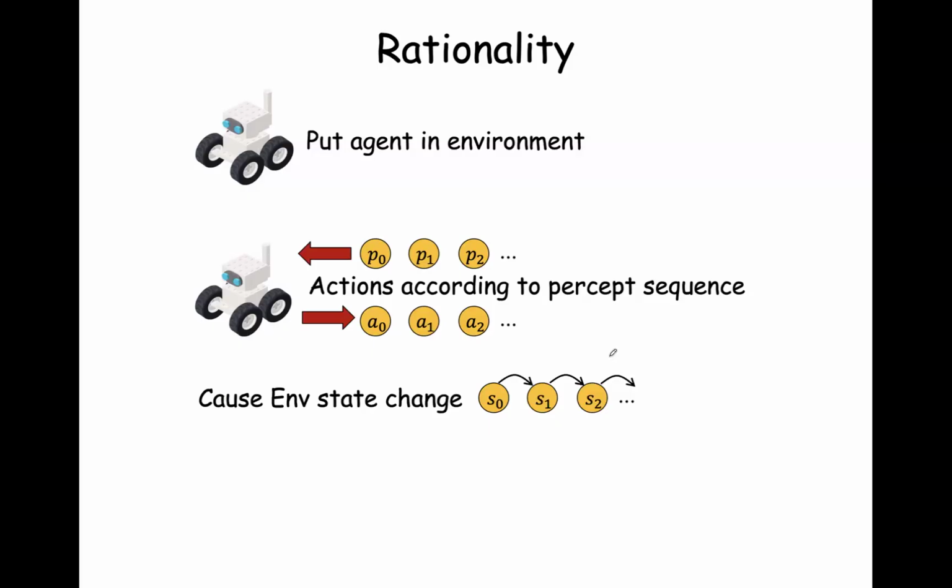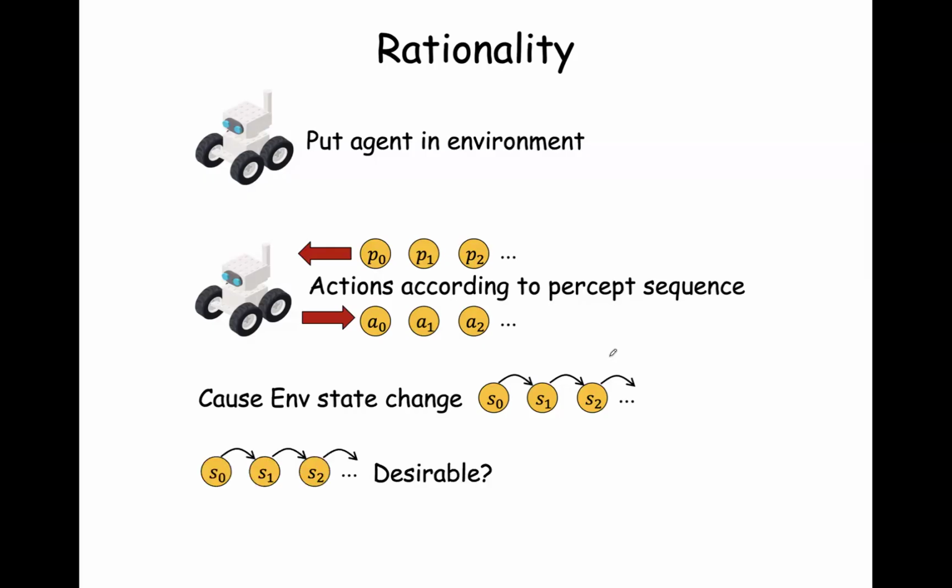And when you produce these actions, you're causing changes to the environmental state. Now, in the case of the vacuum, when you sucked, well, that changed the environment. The dirt flag was no longer true. When you moved left or right, that changed the environment. Your position was no longer the same.